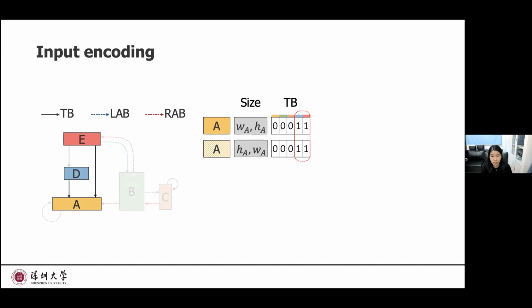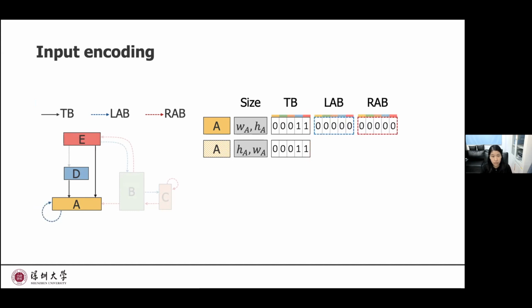For example, box A is pointed to by two TB edges from E and D. So for both states of A, the corresponding positions in the TB encoding are set as 1.